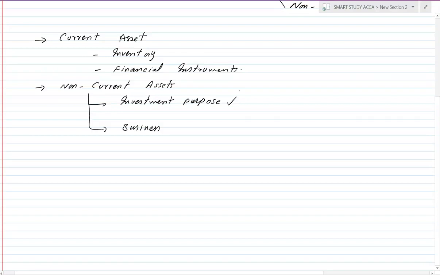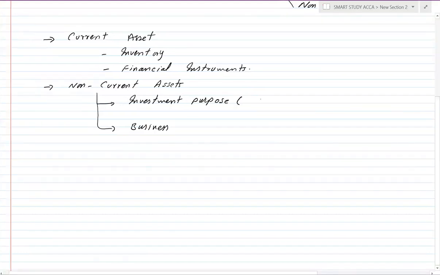Any asset which we have purchased with the intention to resell in the future, or for capital appreciation, or for rental purposes, is called investment purpose. So rental or capital appreciation.